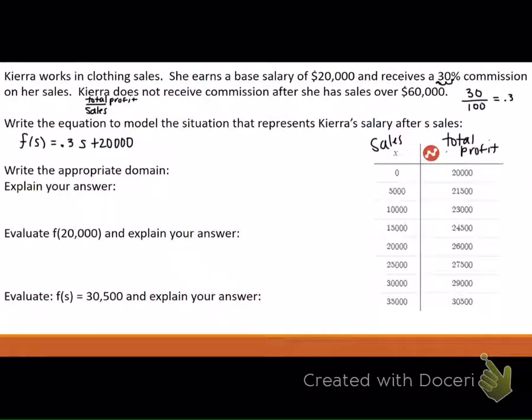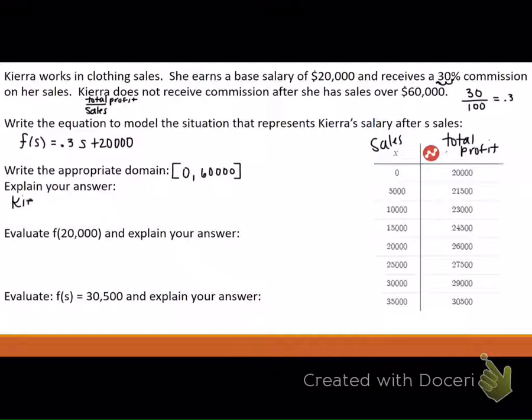Okay, so the appropriate domain has to do with her sales. What is the least amount of sales she can make? 0. What don't they give her commission after? 60,000, right? They stop at 60,000. They said if you sell more than $60,000, you're not getting any more commission on it. Yeah, it's a very expensive clothing company.